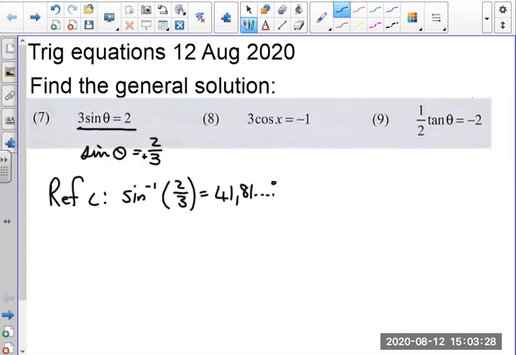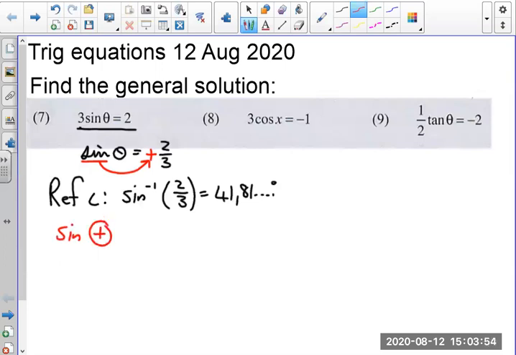Then you look at what they've given you. In this case, they've given you that the answer is positive. So you say sine is positive in quadrants... Why positive?